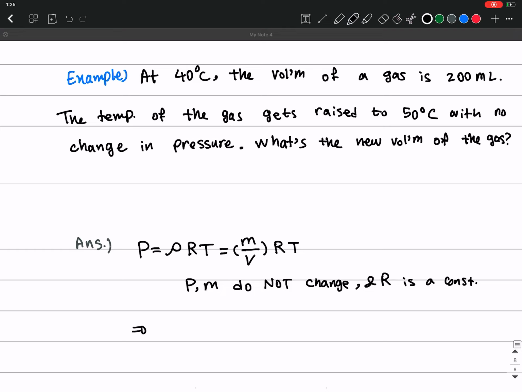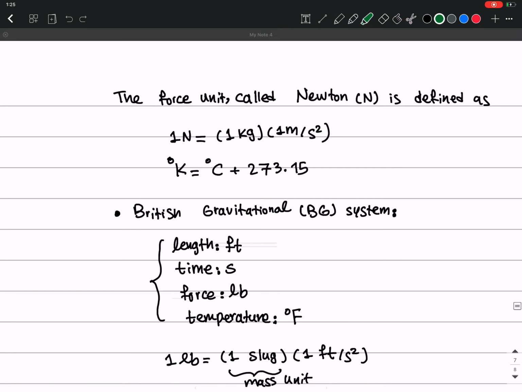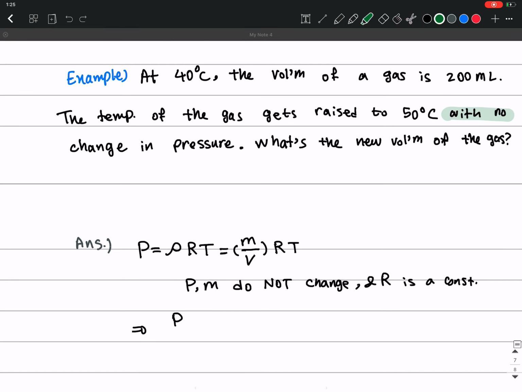P is not going to change, it's a constant during this transition, based on what has been said in the problem: with no change in the pressure.